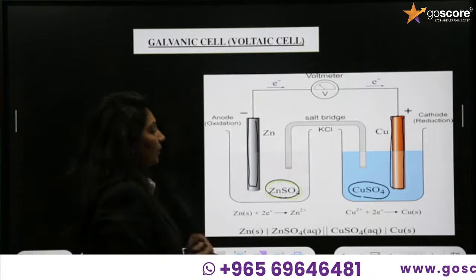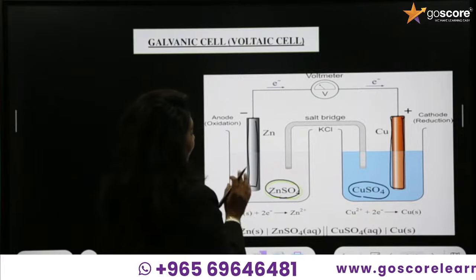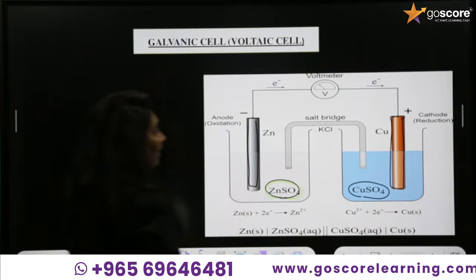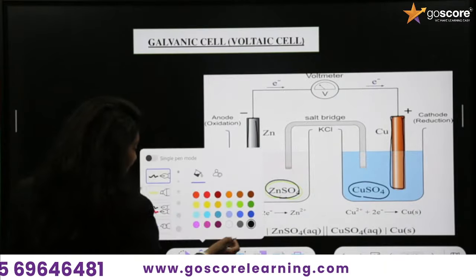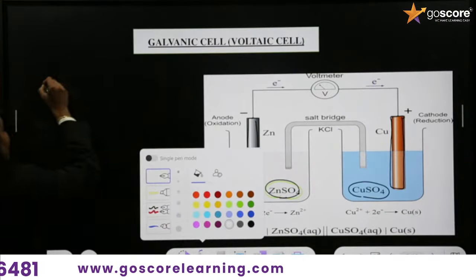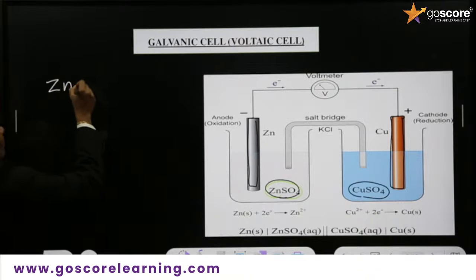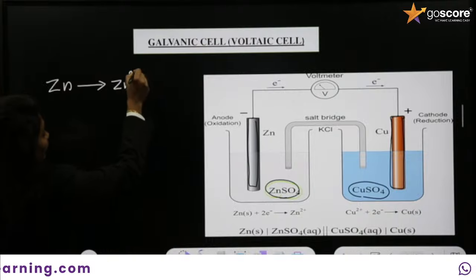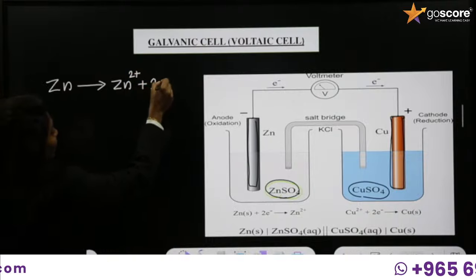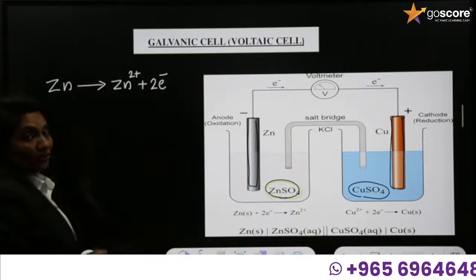Okay. Now see, here in a galvanic cell, what actually happens is the zinc will be converting into Zn2+ by losing 2 electrons, right?